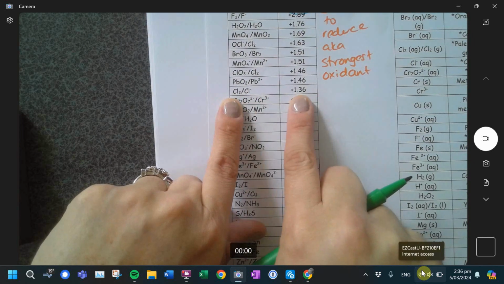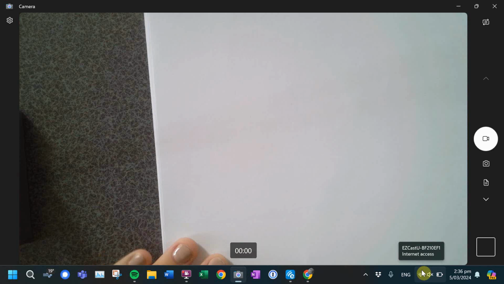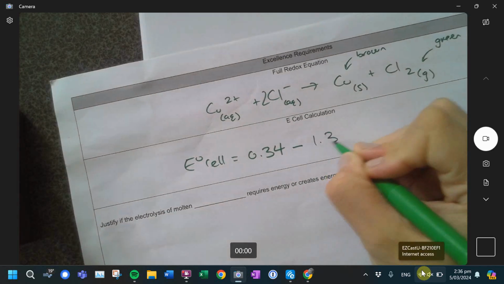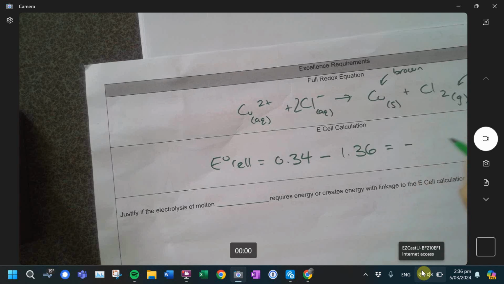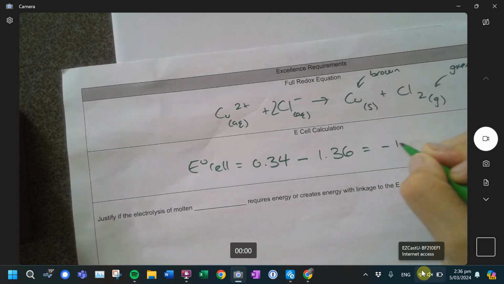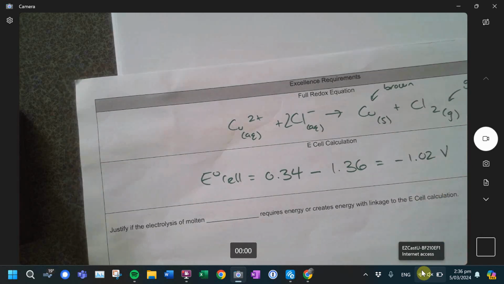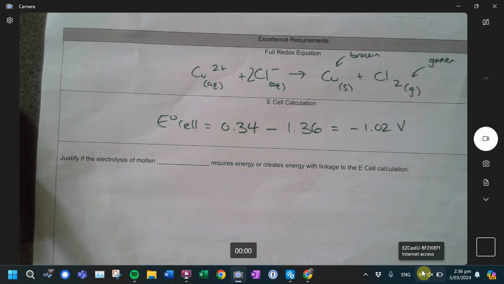So I'm using that 1.36. So minus 1.36. And then I get a value. So let me get my handy dandy calculator. You are allowed to use a calculator on this assessment. So I did that. It is negative 1.02, and we're going to put the volt on there.